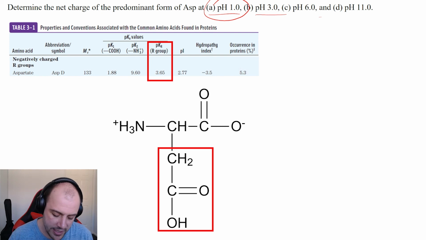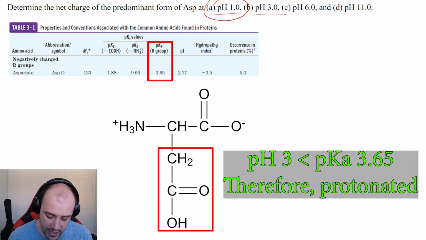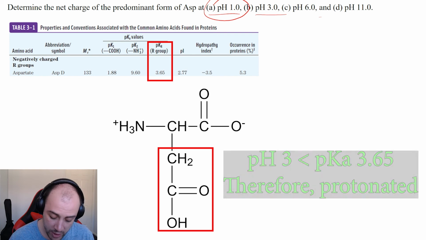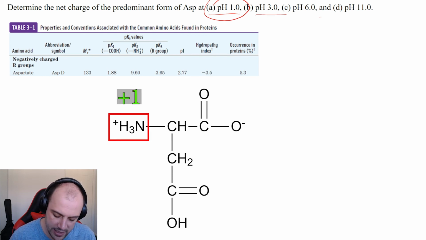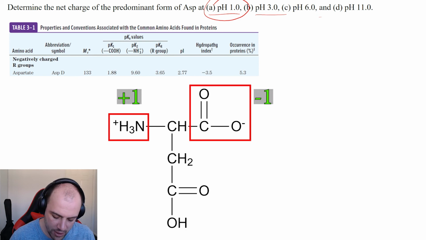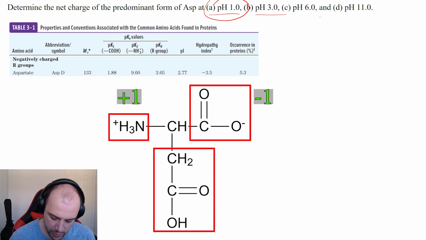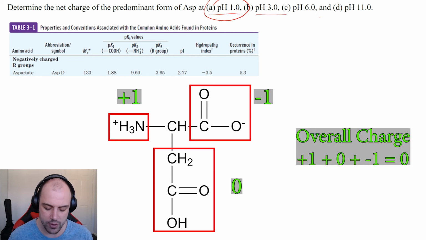And what we can see here is that the pH is still less than that pKr, so this is going to remain protonated. So our terminal quaternary ammonium group is going to be +1. Our terminal carboxylic acid is going to be -1, and our R group is going to be 0. So the overall charge of aspartate at a pH of 3 is going to be neutral.